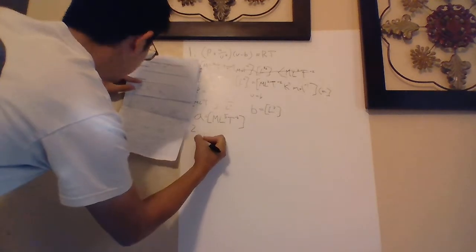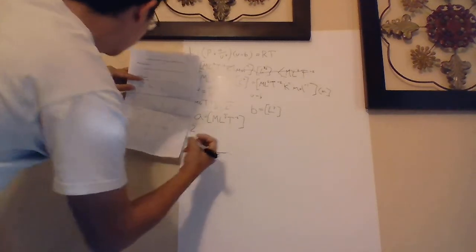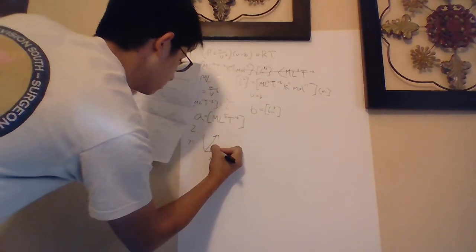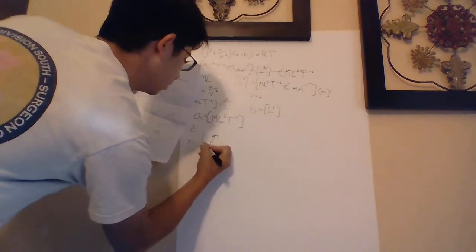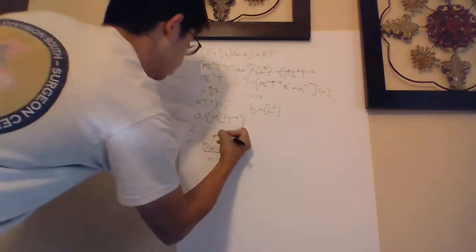This is the Y, X, and it's at 60 degrees. So this would be 30 degrees at 12 newtons.